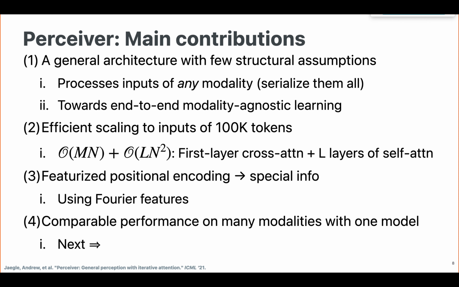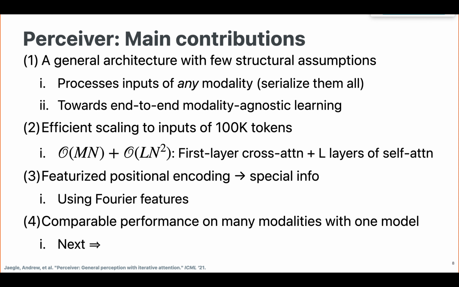Because we have N latents, this decouples from the input M. So now we have the complexity M times N for the first layer of cross-attention and the subsequent L layers of self-attention.